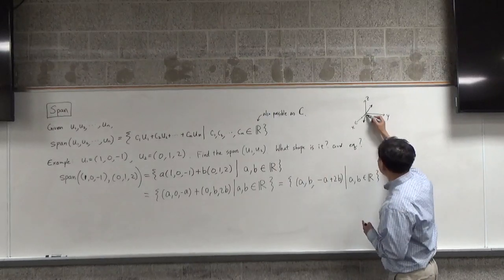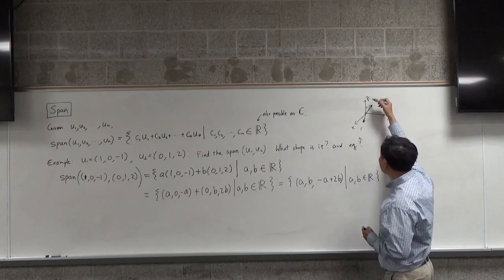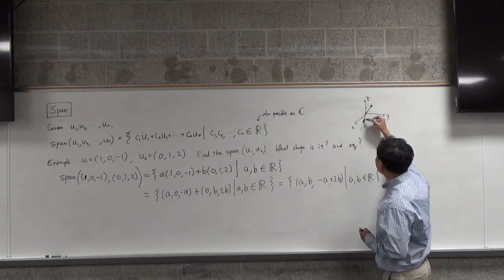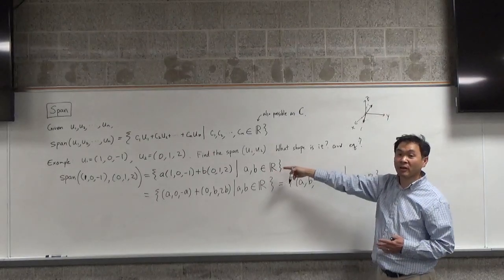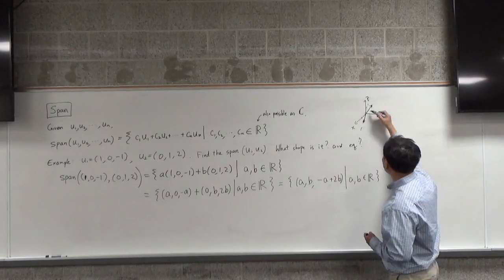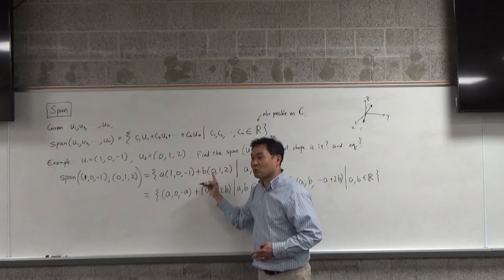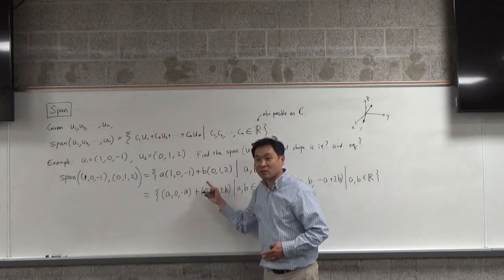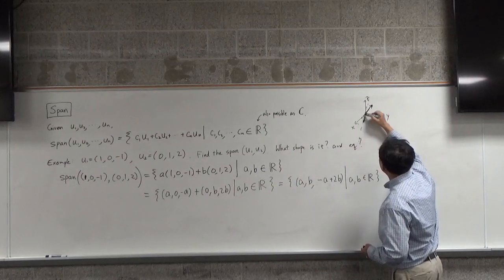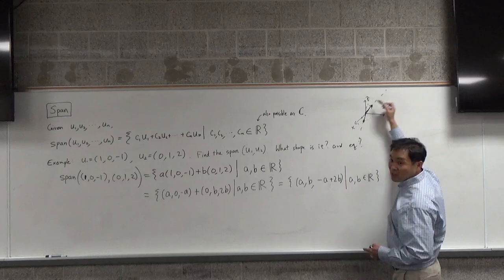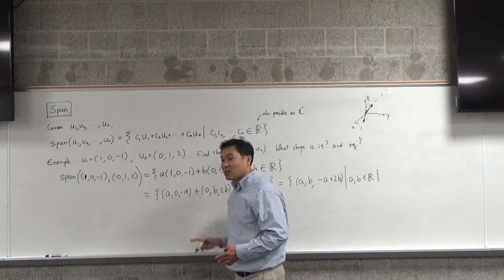That means you have this entire line of points, and every point in it is some multiple of this vector, so it's included in this span. Same thing here: if you set a as 0 and b as any multiple, 1, 2, 3, or 0.5, it gives you all the multiples of this vector, so you get everything in this line. But then, what if I have 1 and 1? What does that give you?